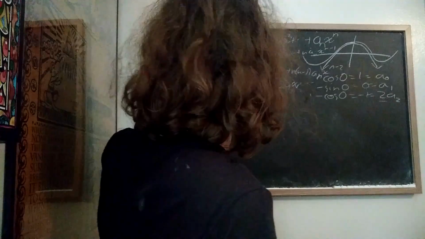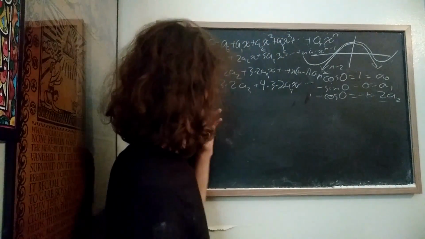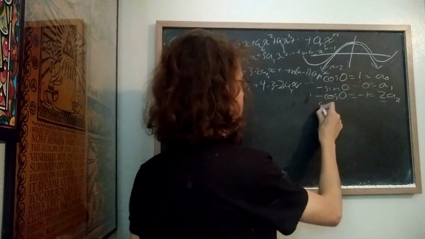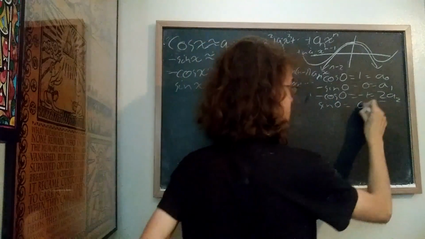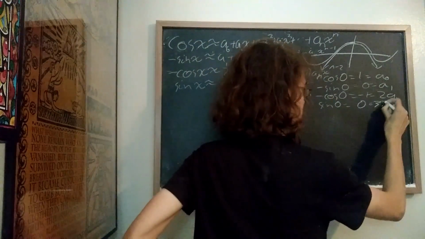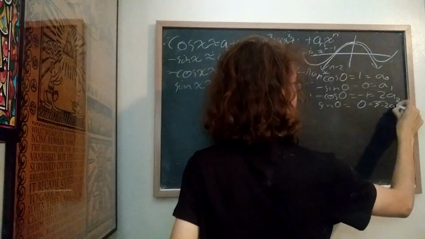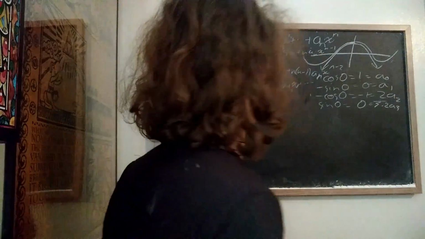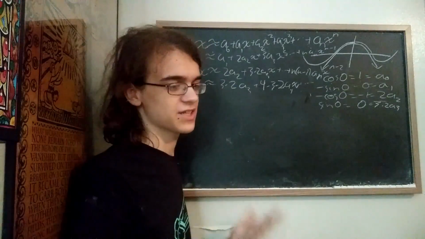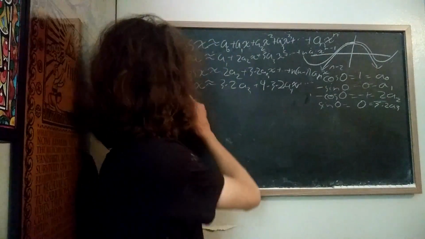And so if we set x equal to 0 for both sides, we get sine of 0 equals 0, and that's equal to 3 times 2, a3. Now, if we do this again, the pattern becomes very clear.